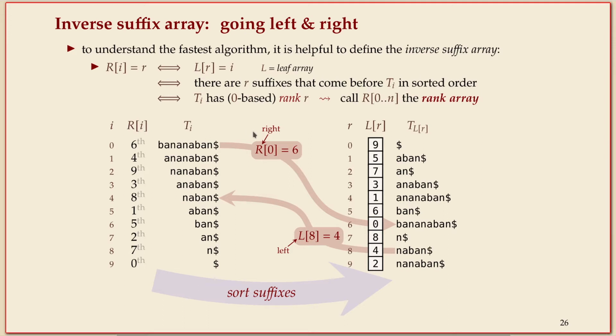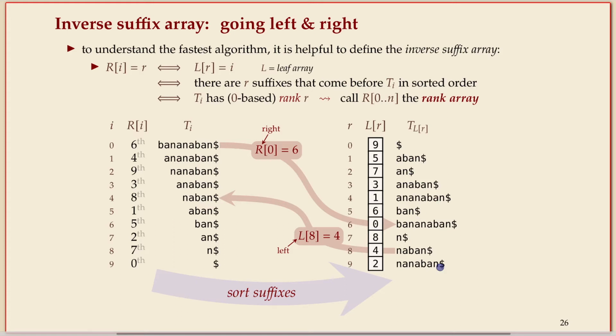Another mnemonic is R is for going right and L is for going left in this picture. I think it's a fairly natural thing to say in this picture, we start on the left with the text with the suffixes in text order, where you just start with the entire text and then you leave off one more character. That's very easy to build. And then going to the right, you sort them.